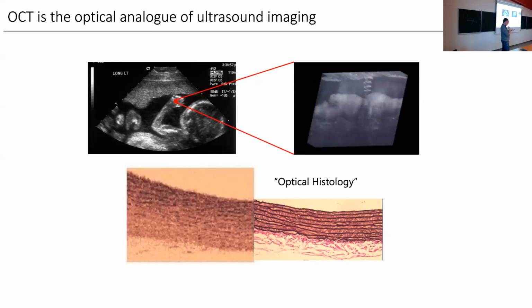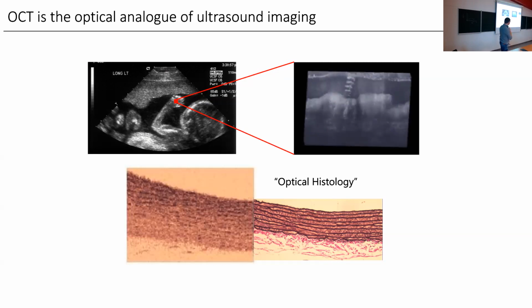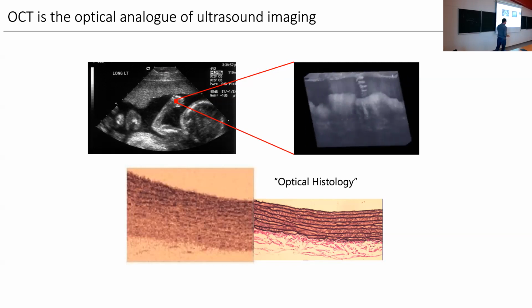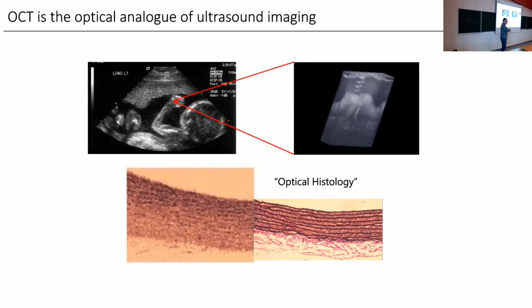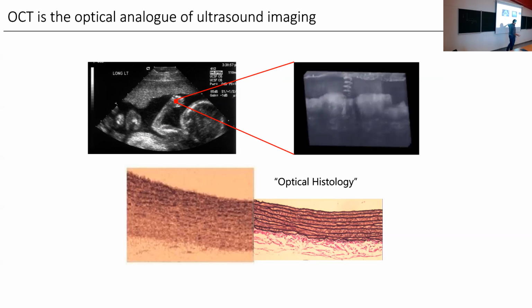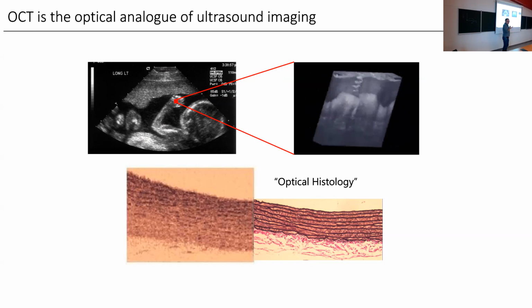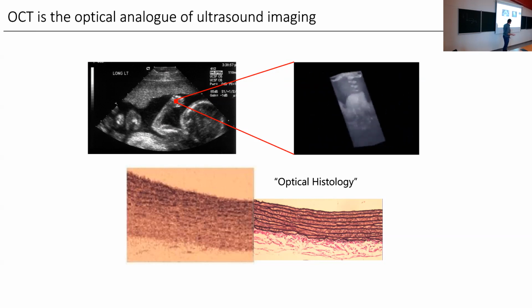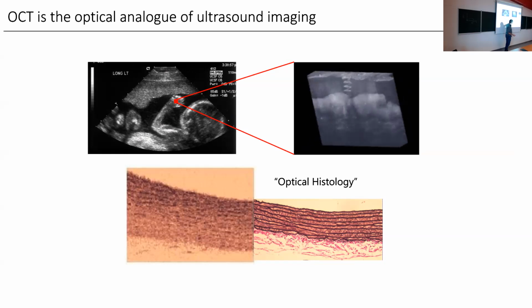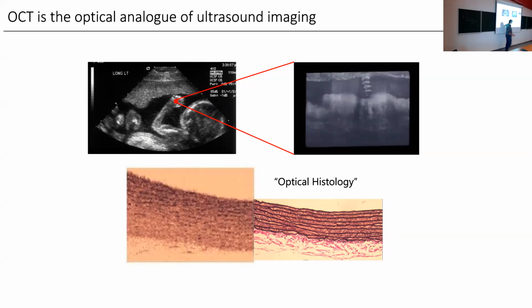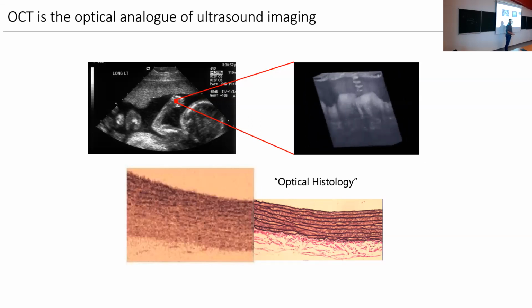A lot of imaging and a lot of measurements are done, but if they really want to be sure that the tissue is benign, they take the piece out, color it, and inspect it under the microscope to see if there's anything abnormal or not. So these are the kind of images that you get on the microscope. This is stained with some chemicals to get contrast, and based on this, the pathologist decides.